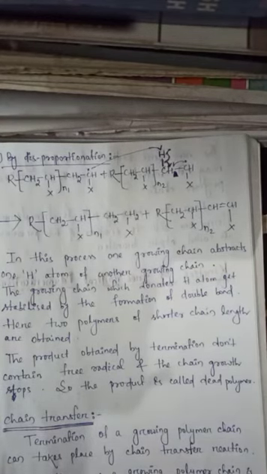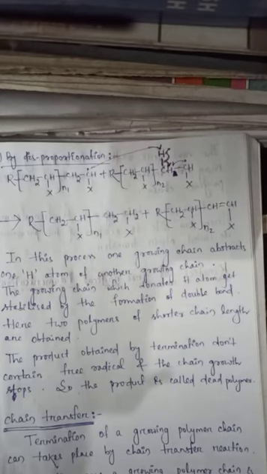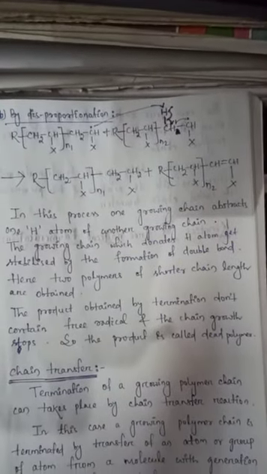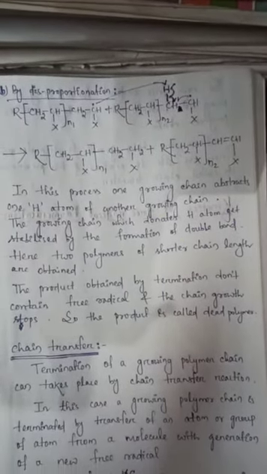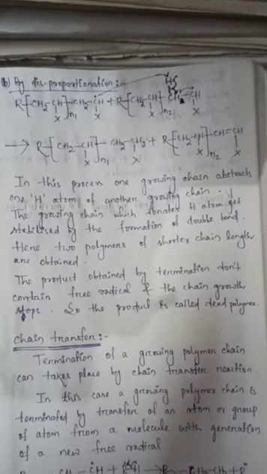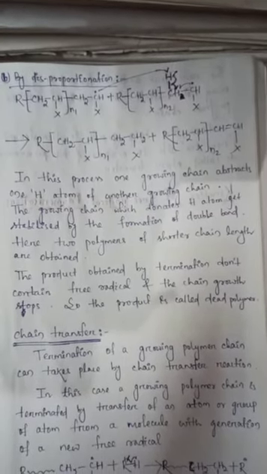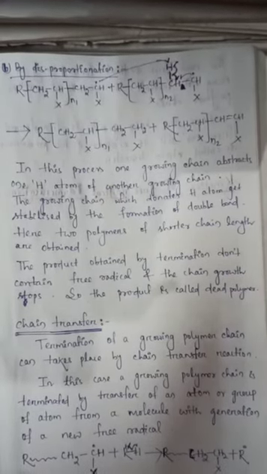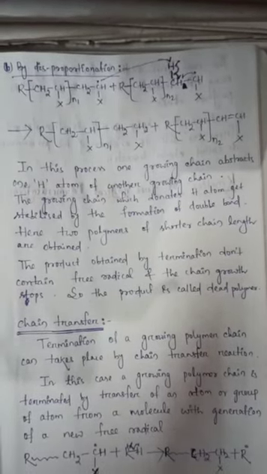Then chain transfer. Chain transfer is another process like termination. Termination of a growing polymer chain can take place by chain transfer. In this case, a growing polymer chain is terminated by transfer of an atom or group of atoms from a molecule, with the generation of a new free radical.